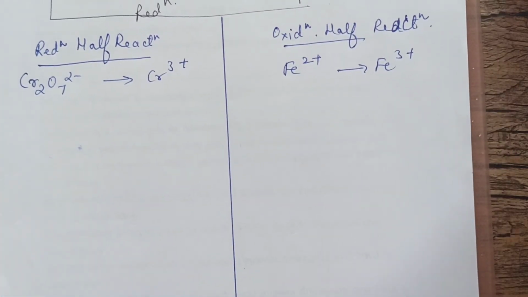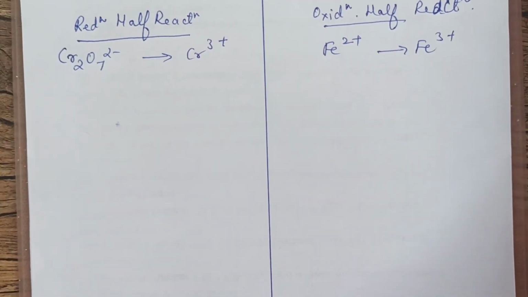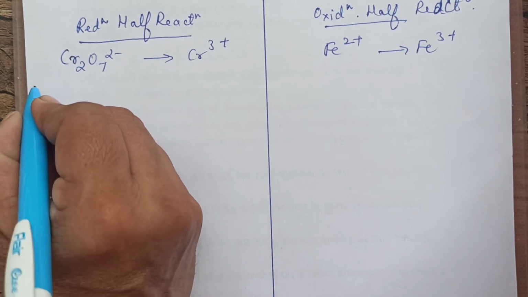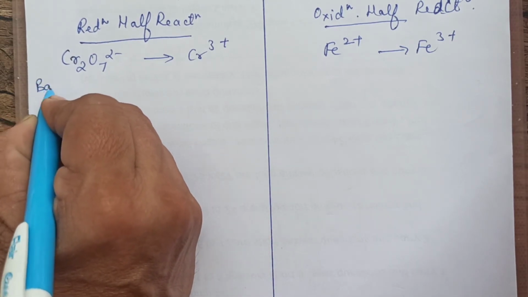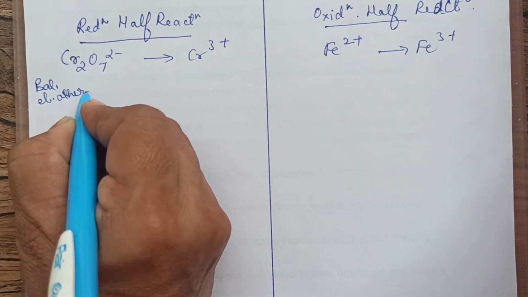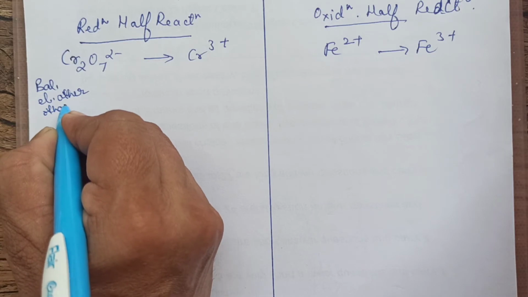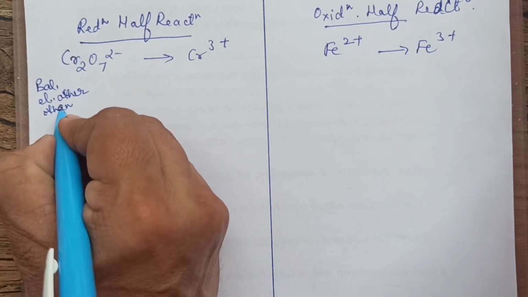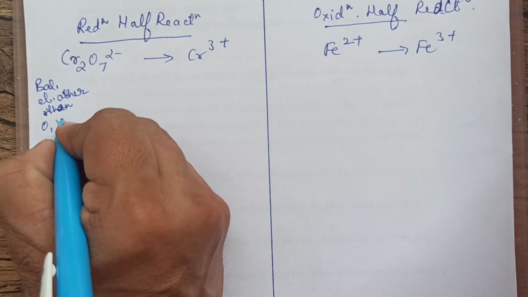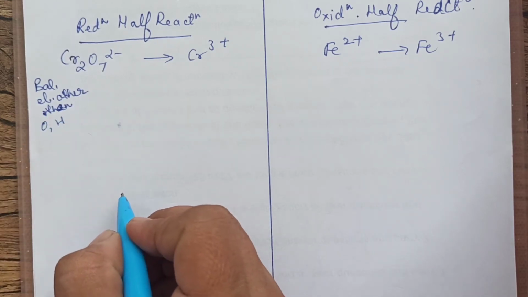Next, the step is to balance elements other than oxygen and hydrogen. Which element is other than oxygen and hydrogen?